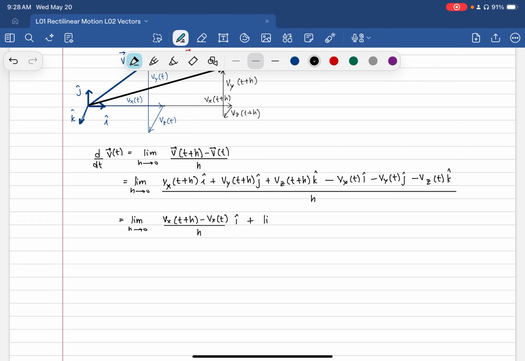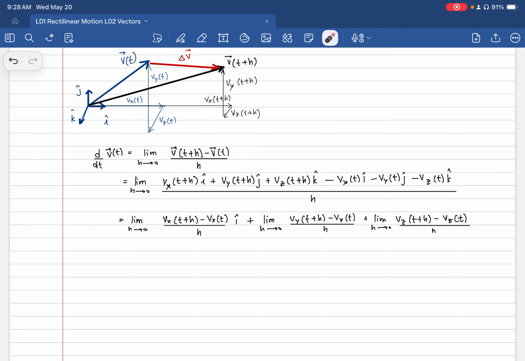I'm going to have limit h to 0, vy of t plus h minus vy of t over h, and limit h to 0, vz of t plus h minus vz of t over h. We're able to do this because everything is written in terms of I, j, and k.